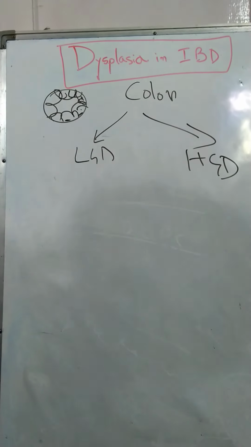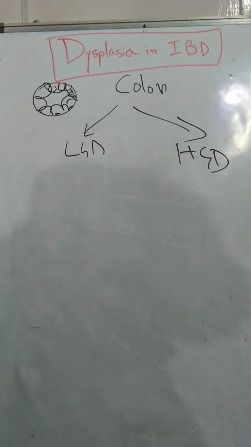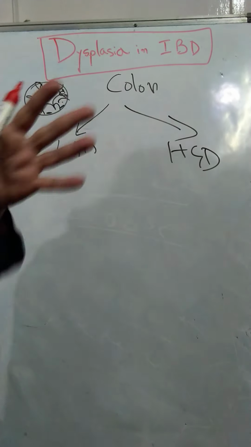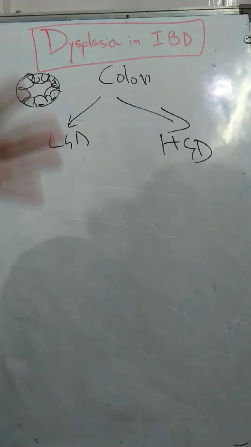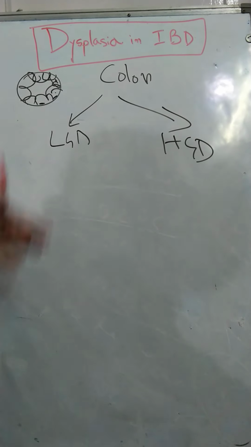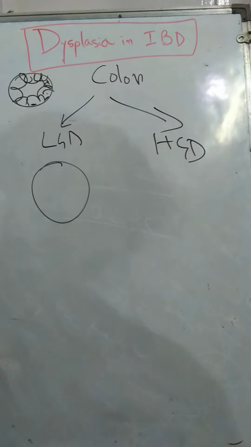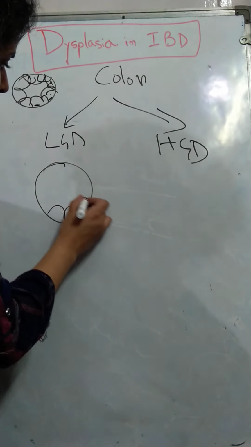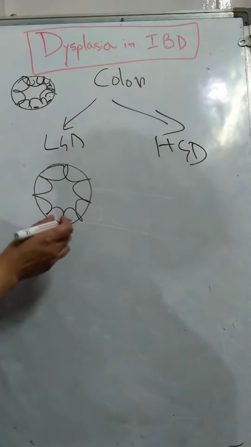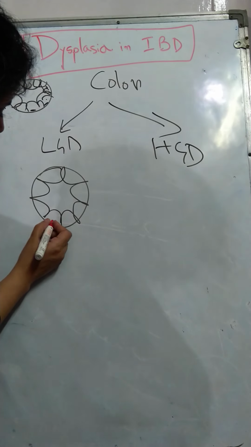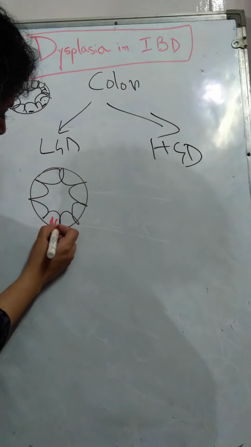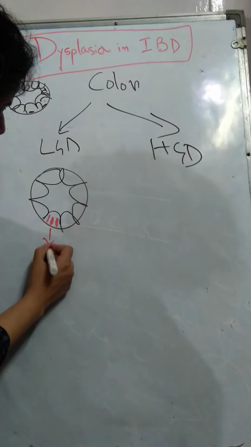Now, when it comes to a low grade dysplasia, the first thing that you will appreciate is a sort of mucodepletion. The mature goblet cells significantly reduce, and if you see those individual crypts, you will find that the nuclei tend to be elongated. Some people call this pencillation.